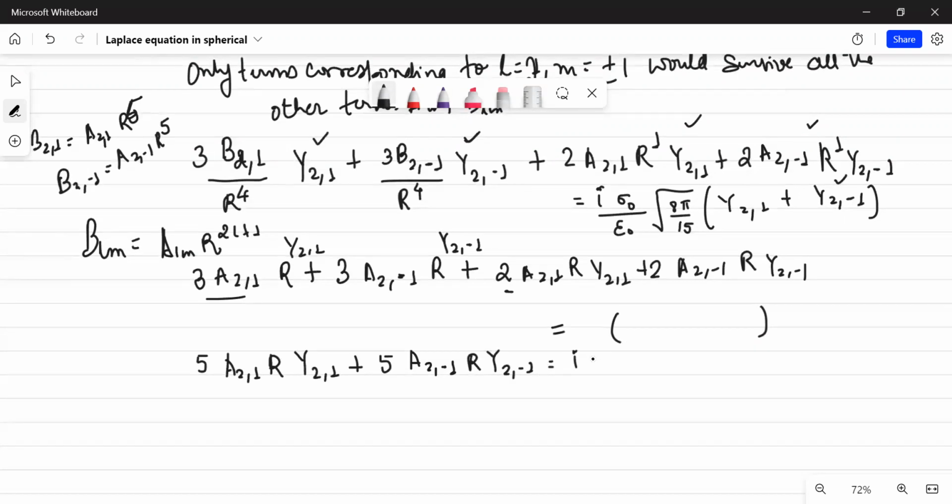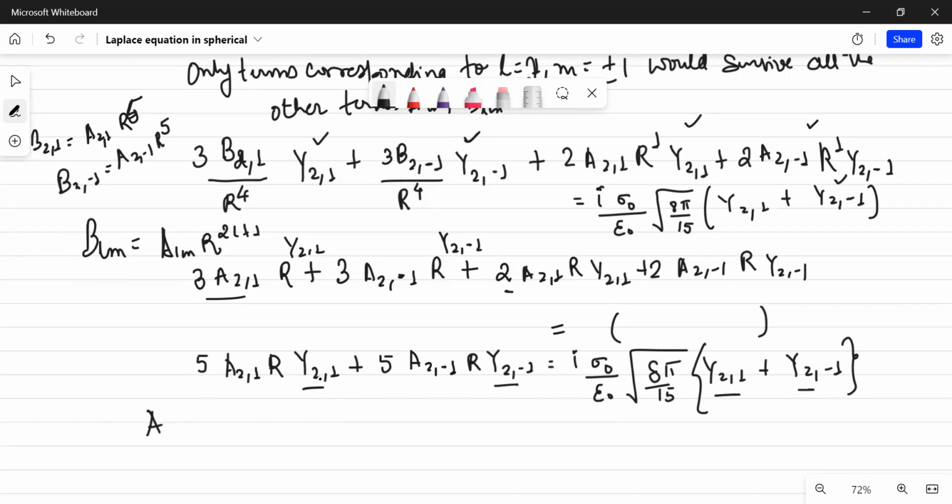And this is equal to iota sigma naught upon epsilon naught root over 8 pi upon 15, times Y2 1 plus Y2 minus 1. I hope it is clear. If you compare these two terms, Y2 1 and Y2 minus 1, you can see that they are almost similar. So I'll write A2 plus minus 1 is equal to iota sigma naught upon 5 epsilon naught root over 8 pi upon 15. I think there would be some R as well here. This is how it is.